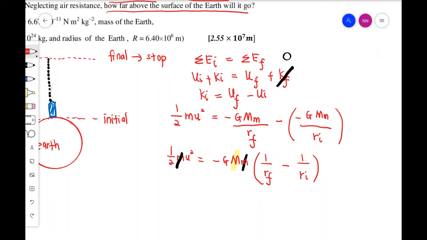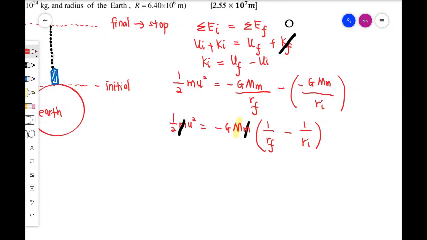Seterusnya kita boleh jadikan RF sebagai subjek. Okay, so kita keluarkan 1 over RF minus 1 over R initial equals, sebelah kiri ada U squared over 2 and then ni akan bahagilah, so dia akan jadi GM.